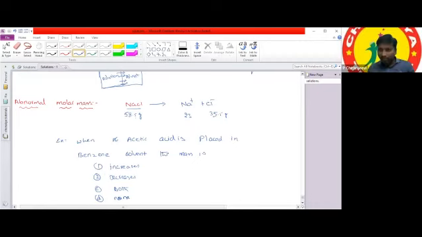Very good. So whenever you place the acetic acid in benzene solvent, it becomes a dimer. How does it become a dimer? It forms hydrogen bonding.